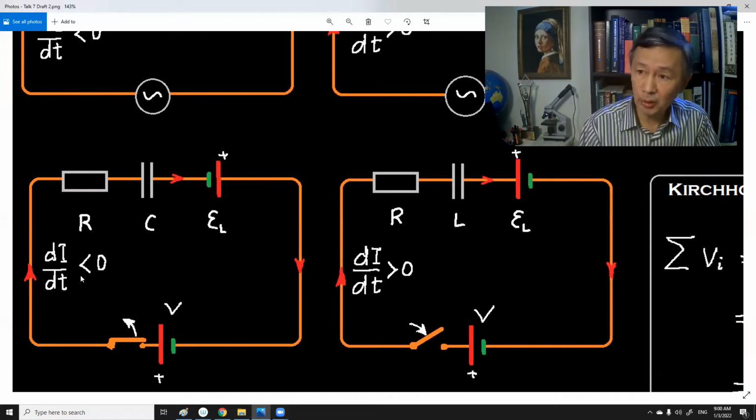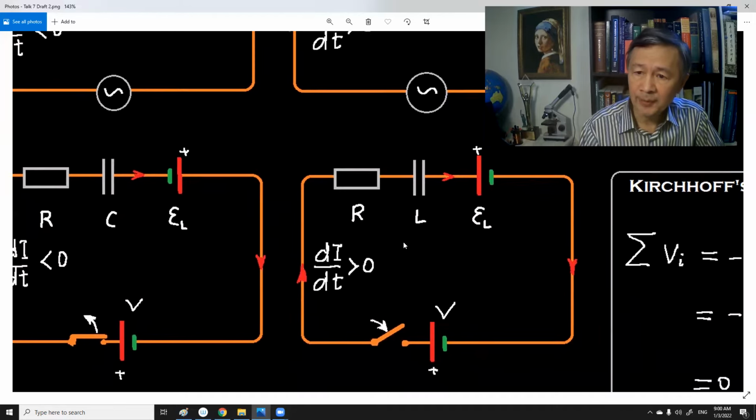When the current is decreasing, when you switch off the circuit, you will see the inductor acting as a battery, which actually helps more current go through, because in this case the current in the circuit is decreasing.